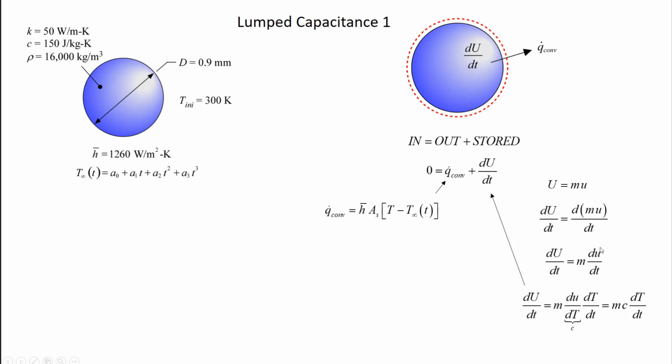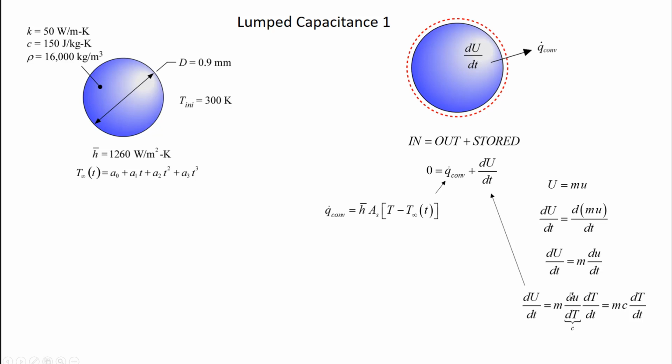And we're going to make the approximation that this is an incompressible substance, which means that I can write that du is equal to c dT, right? So du/dt is equal to du/dT times dT/dt, right?